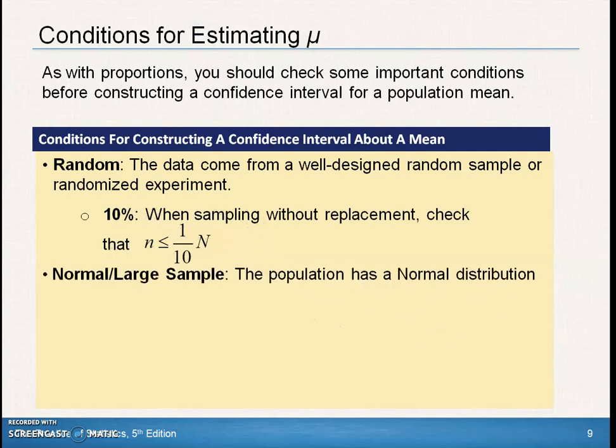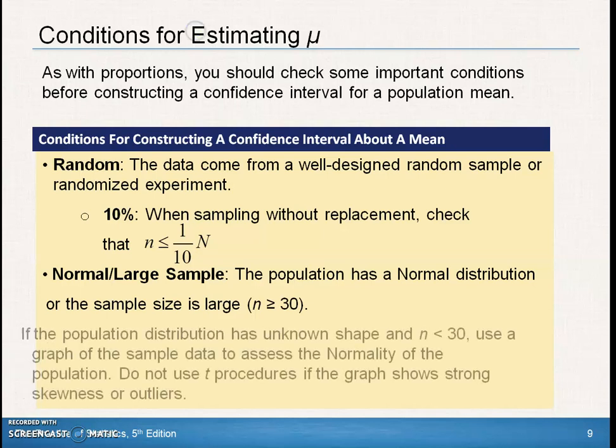Normal and large sample, this is what changes. For a population to be treated as normal, your sample size has got to be 30 or greater. Now, if the population starts out normal, you don't have to worry about it. It stays normal. But if you don't know, then make sure that n is greater than or equal to 30.